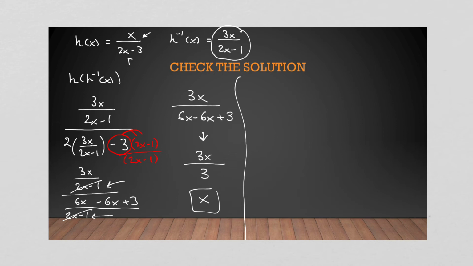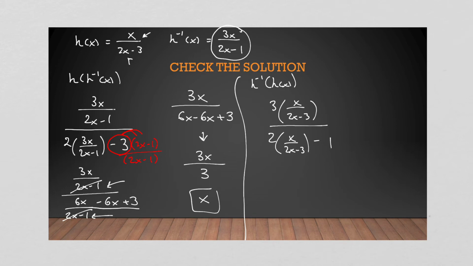Now let's check the other way. So we're going to check this one. In this case, I'm going to plug in 3 times x over 2x minus 3 all over 2 times x over 2x minus 3 minus 1.